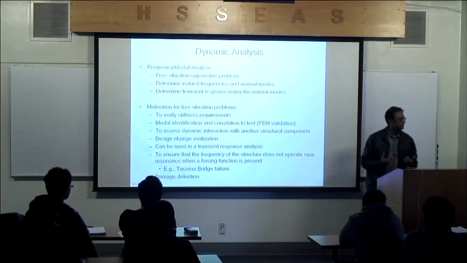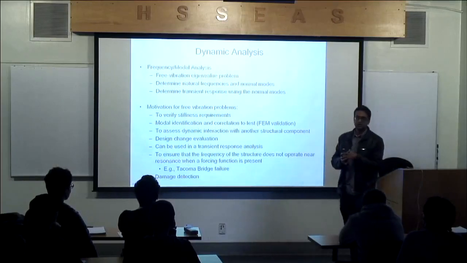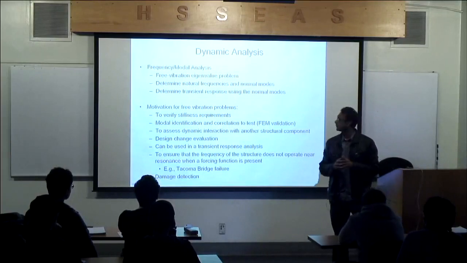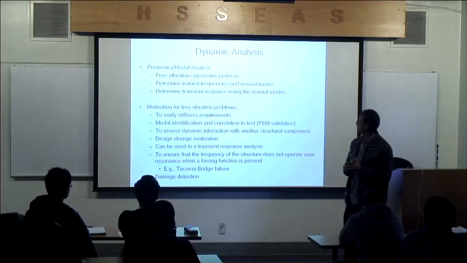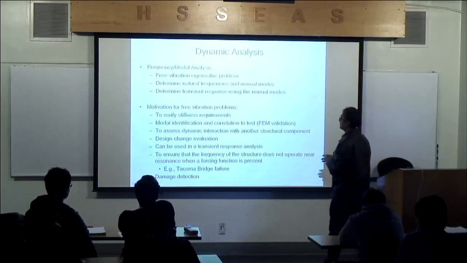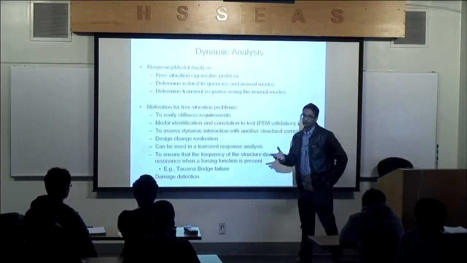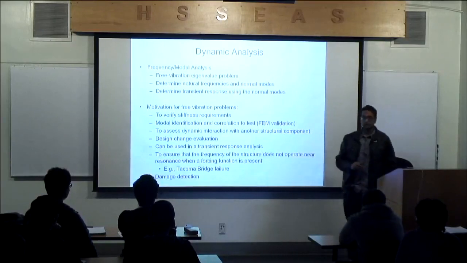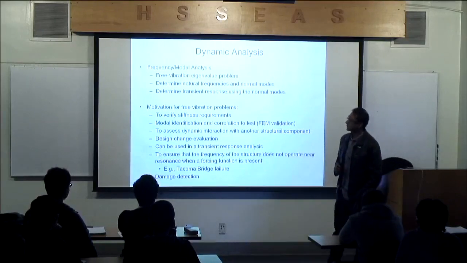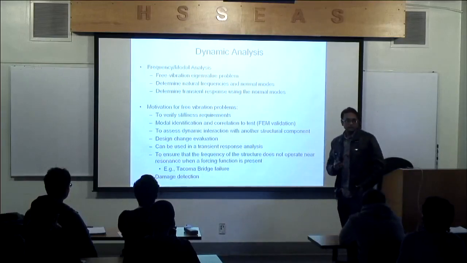Okay, so a dynamic analysis entails looking at the frequency and modal analysis response of a structure. You have various things you can do. You can determine the free vibration eigenvalue problem. I'll discuss that. You can determine the natural frequencies and the normal modes, the mode shapes of that structure.